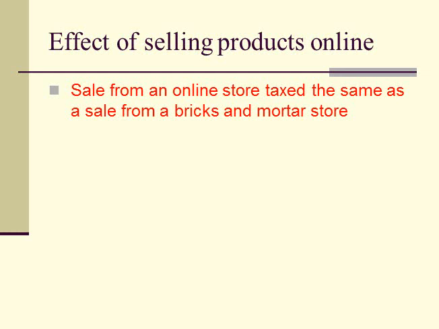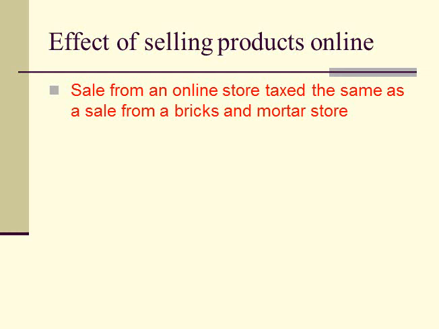That is, a sale from an online store is taxed in the same manner as a sale from a bricks and mortar store. The taxability of a particular product is not determined based on the manner in which it is sold, but instead is usually based on the rules of the state to which the product is delivered.